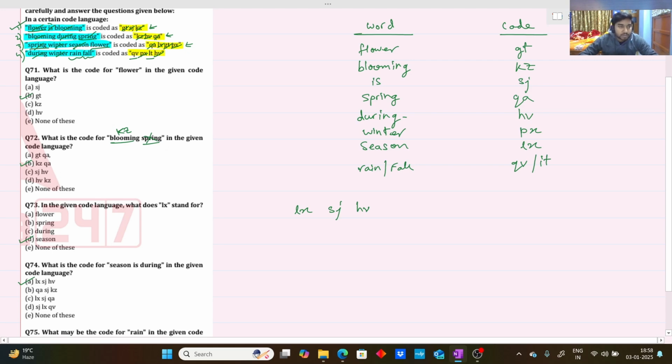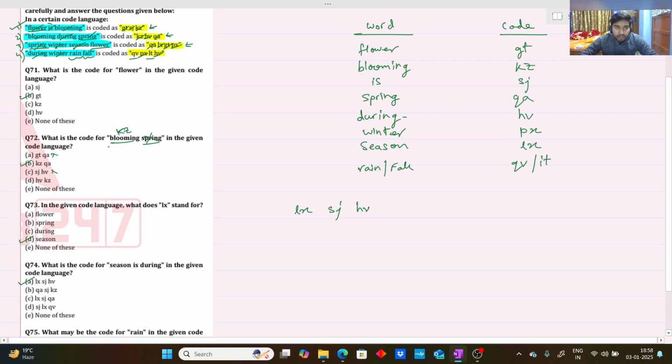For example, the first option does not contain KZ, so it won't be my answer. My answer would be B or D. Chances are it would be B, because KZ corresponds to the first word, blooming, and in B, KZ is also the first code. So B would be my answer.